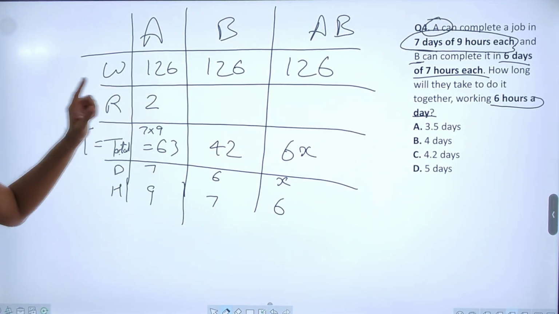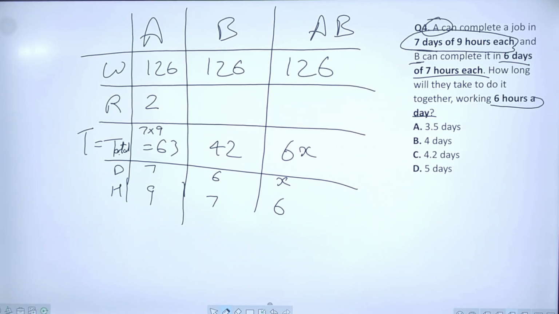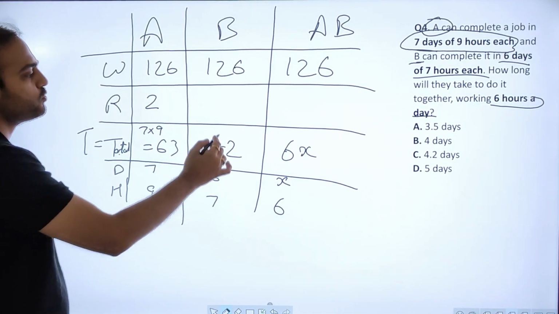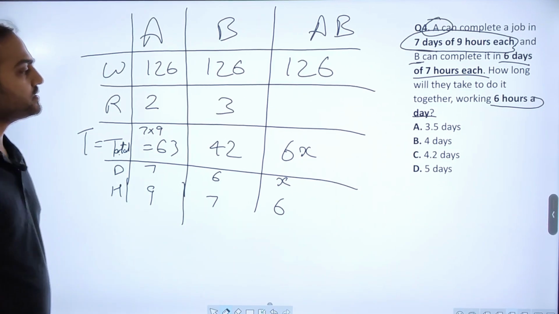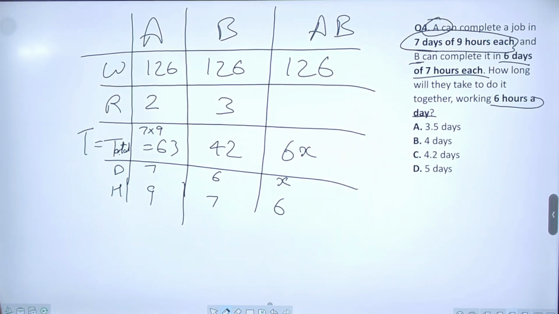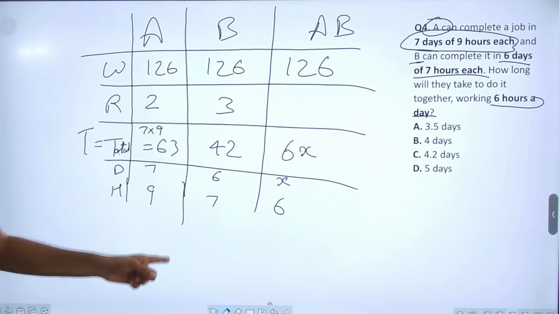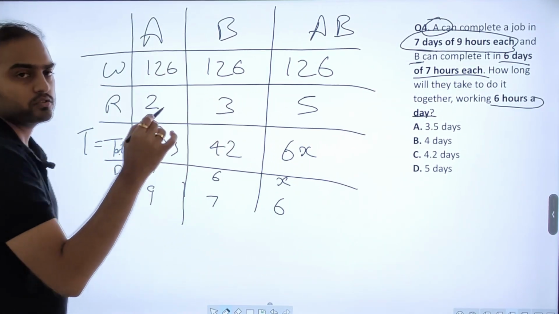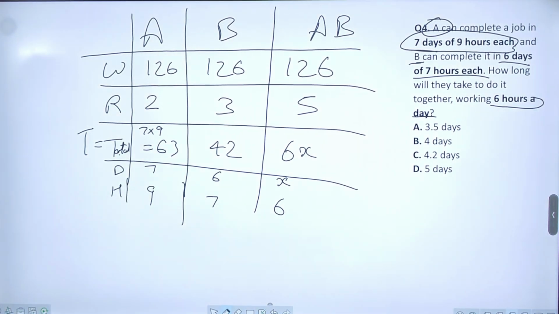That means A is eating 2 chocolates per hour. Similarly for B, 126 chocolates in 42 hours. So that is 3 chocolates per hour. So when they work together, what happens to the rate? The rate adds up. So they are eating 5 chocolates per hour.